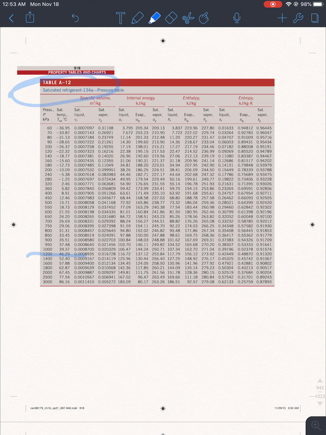So it starts off as a saturated liquid. Imagine this is what it looks like in there. It's a saturated liquid as opposed to a superheated, which is all just gas particles everywhere.